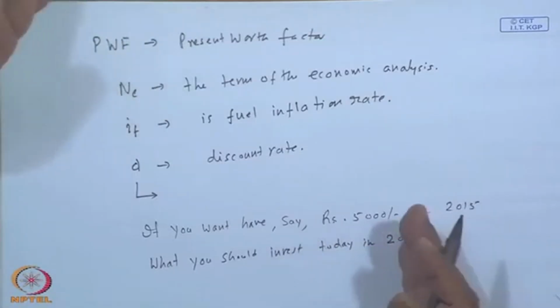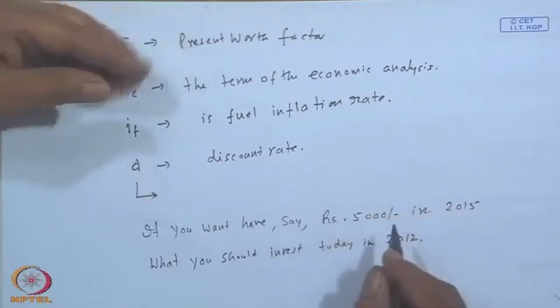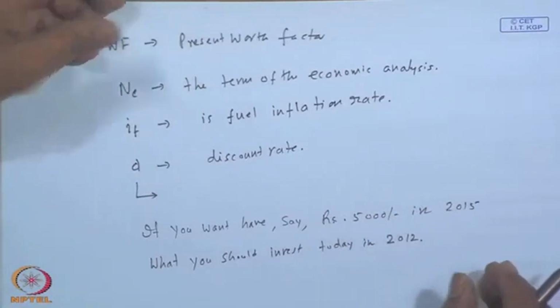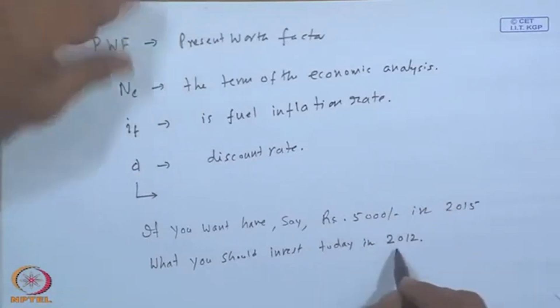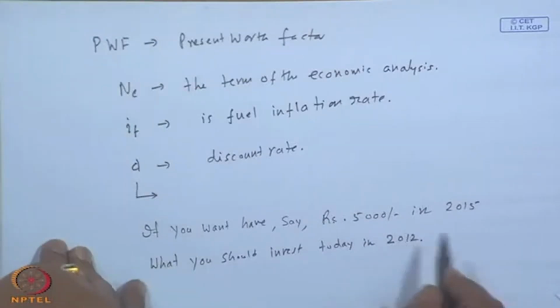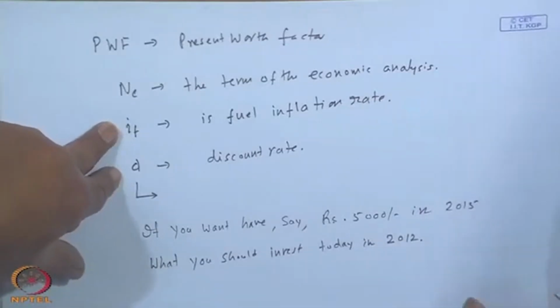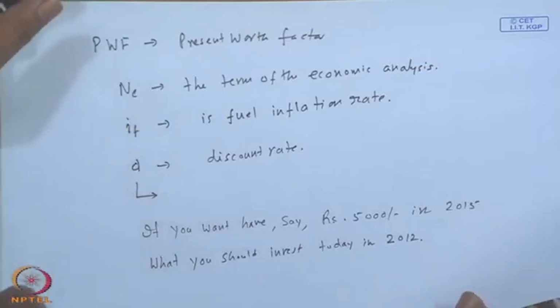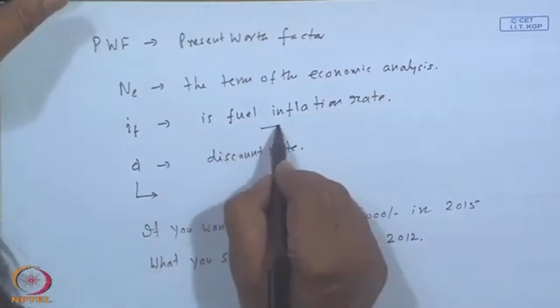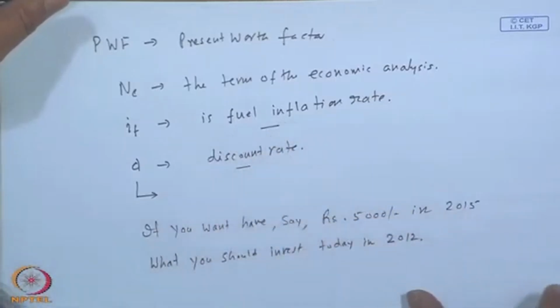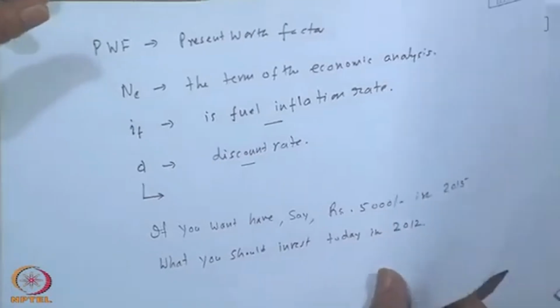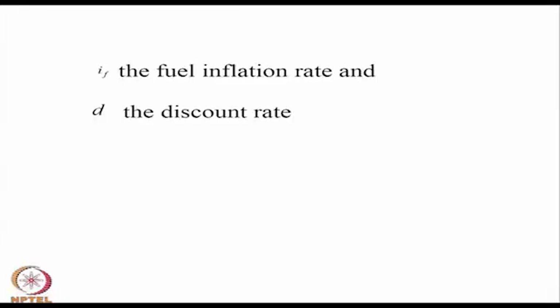So, the 5000 rupees is discounted and it becomes 3832, whatever is the number, in 2012 terms of money. Okay? So, there is a good chance that the inflation rate and the discount rate are equal, and in general it should be the same if you are talking about overall discount rate and overall inflation rate, but since you are talking only about the fuel inflation and the discount rate in general, these things will differ in calculating your P1 and P2.